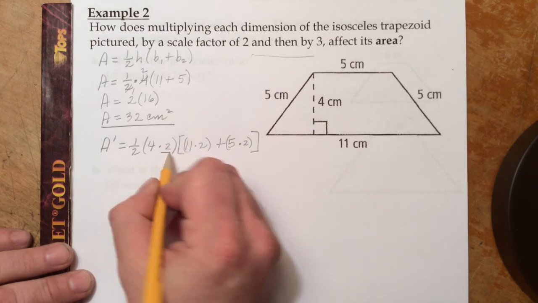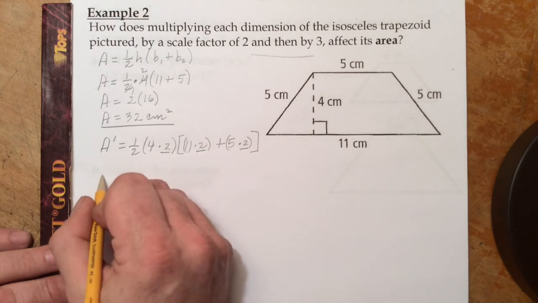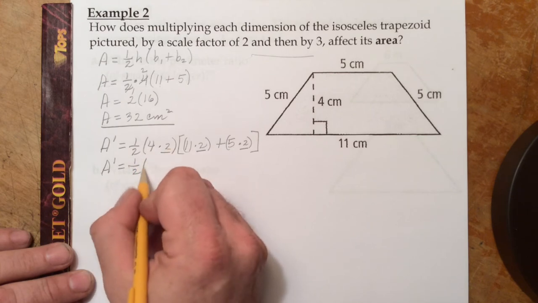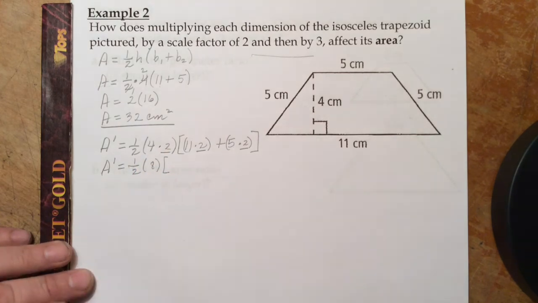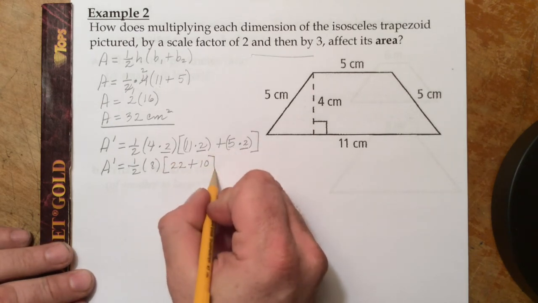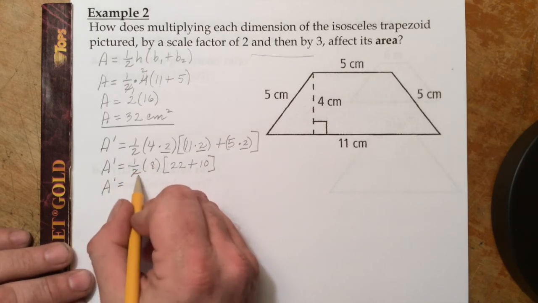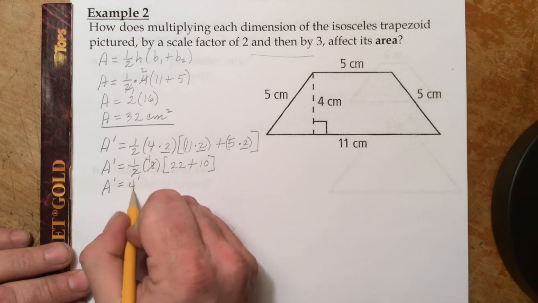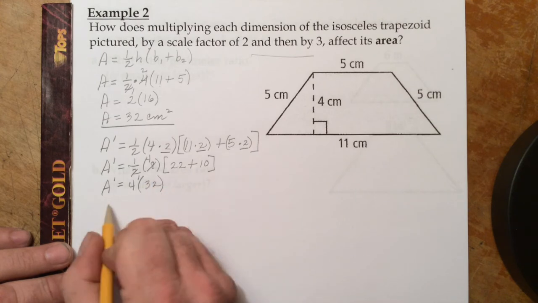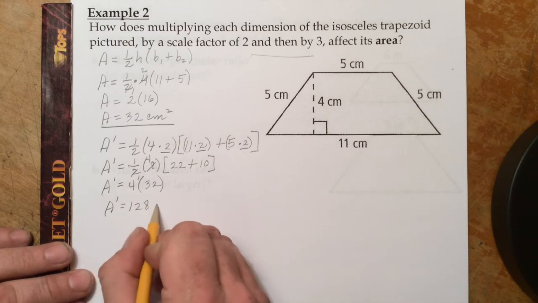So we multiply 2 with each and every dimension: height, base 1, base 2. This is 1/2 times 4 times 2, which is 8, times 11 times 2, which is 22, plus 5 times 2, which is 10. Half of 8 is 4. We get 4 times 22 plus 10, which is 32. Finally, 4 times 32, we get 128 square centimeters.